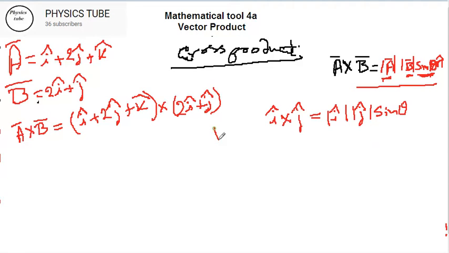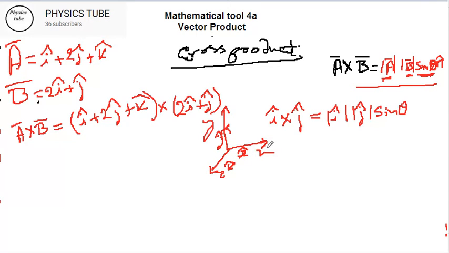This is my coordinate system, a rough sketch. This is the x-axis, so I is in this direction, this is the y-axis, j is in this direction, and this is the z-axis, so k is in this direction.